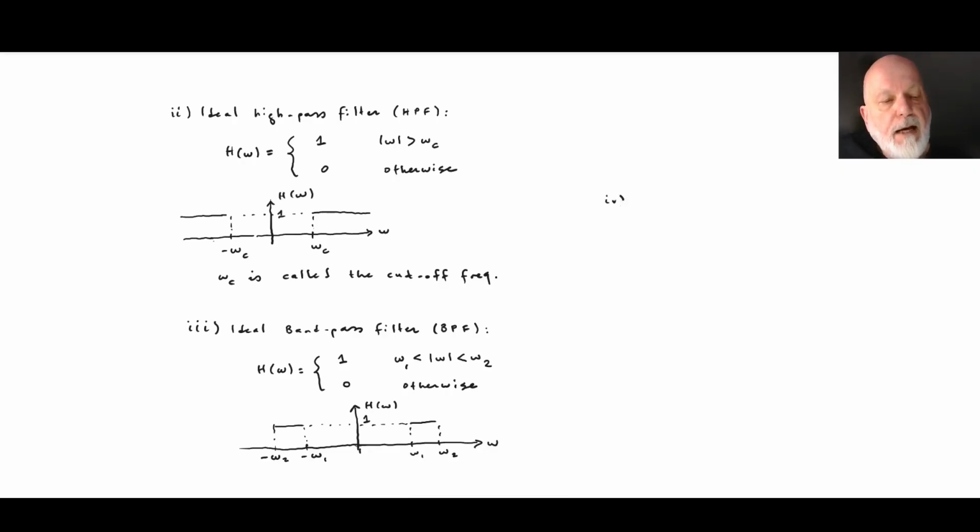And finally, we have the ideal band stop filter, which is just the complementary case of the ideal bandpass filter. That means frequency components in a certain band will be rejected and all the other frequency components will be passed.